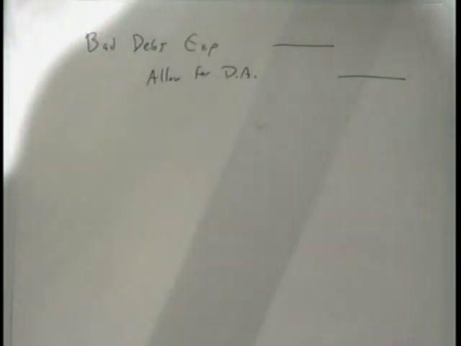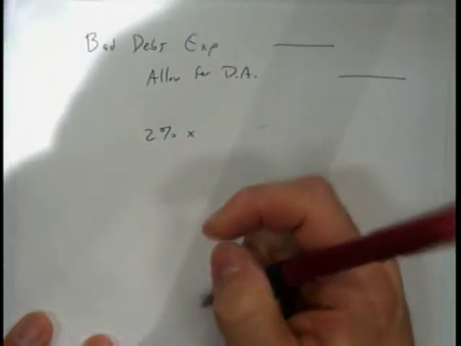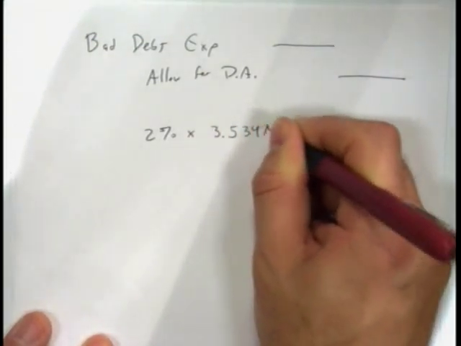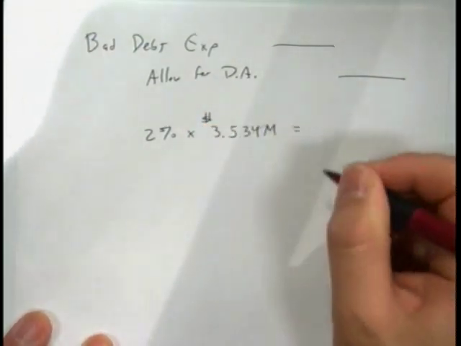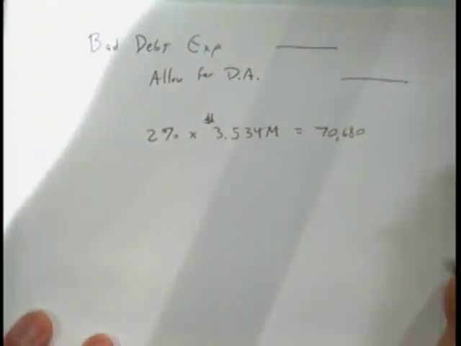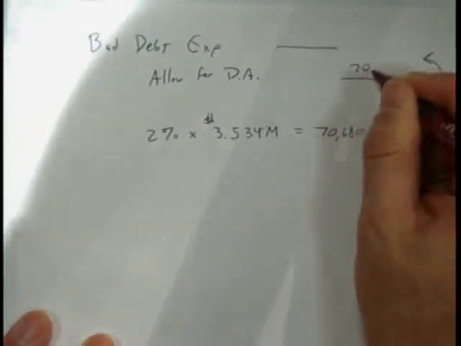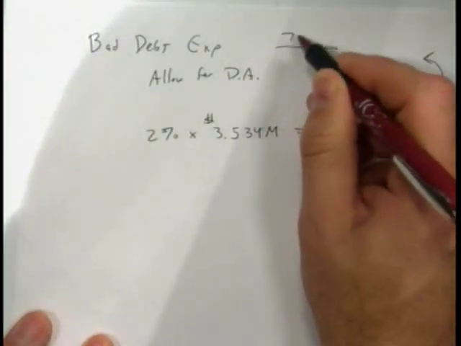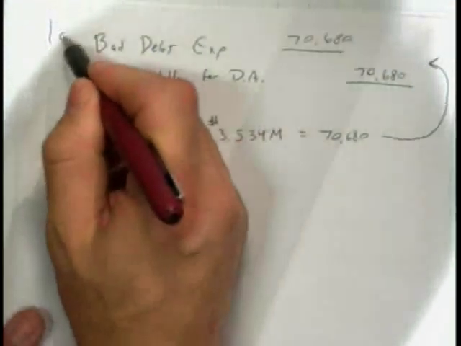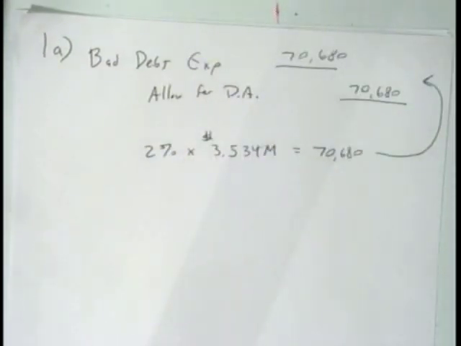Here we take 2% times credit sales, which is 3.534 million, and that equals 70,680. And boom, that's what goes in the blank. So that is the entry for 1A. Can you see that back there all right? Questions?